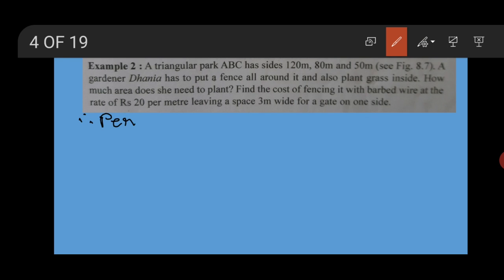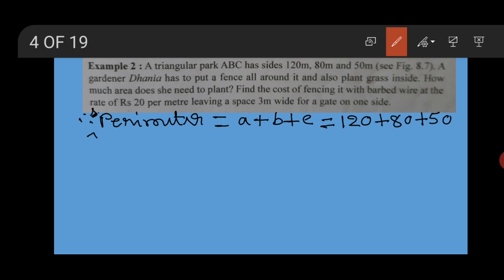Perimeter is equal to A plus B plus C. A plus B plus C is equal to what? 120, then plus 80 plus 50 is equal to 250. Yes, 250 meter. This is the perimeter.